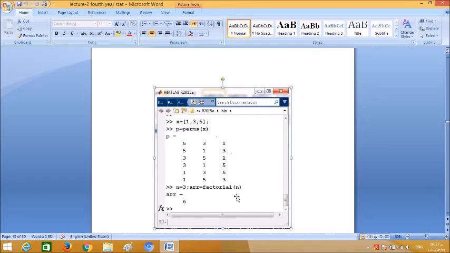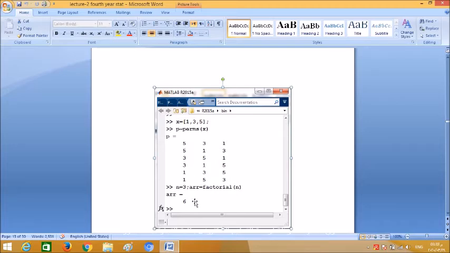And this is the details of the 6 permutations, right? So n, which represents the number of columns, equals 3, and the number of permutations equals factorial n, which represents 6 rows.